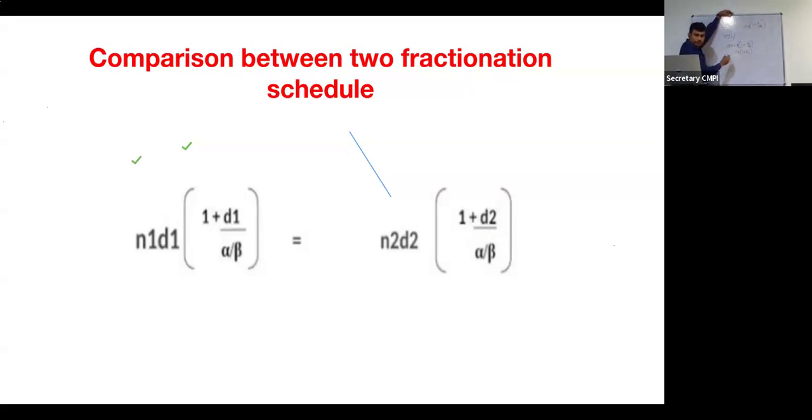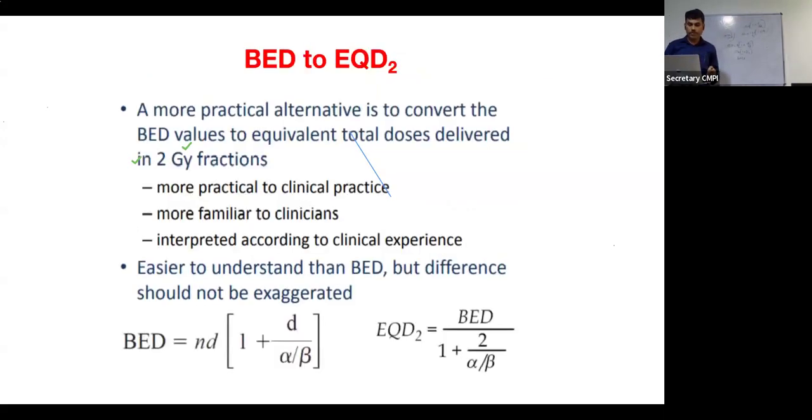How much is 30 into 1.3? 39, is it? So 39 gray is equal to ND into 1 plus D by alpha by beta. Here the number of fractions is taken as 5. So you can calculate D. Simple. So you can get the dose per fraction.